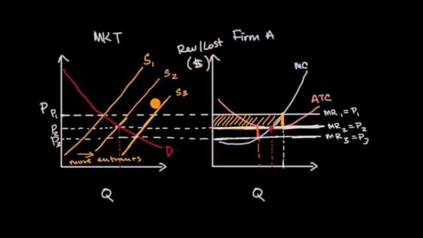And so that would shift the supply curve back to the left. And so we would eventually get, once again, to that reality where firms have no economic profit. And we have a market that is allocatively efficient, no deadweight loss, and firms are producing at the minimum point of their average total cost curve, which is known as productive efficiency, or productively efficient.